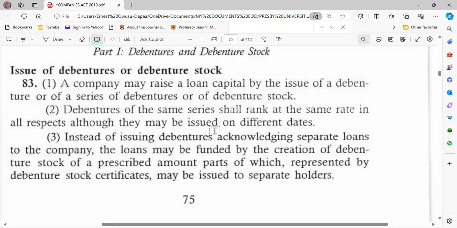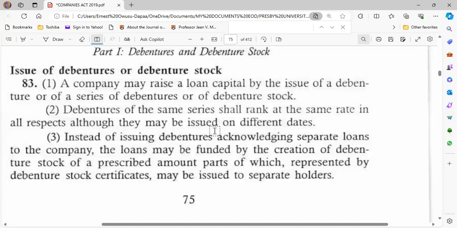So you have the 100 million block loan or debenture stock, and within the 100 million, you say you have 5 million, 5 million, 5 million acknowledgements.